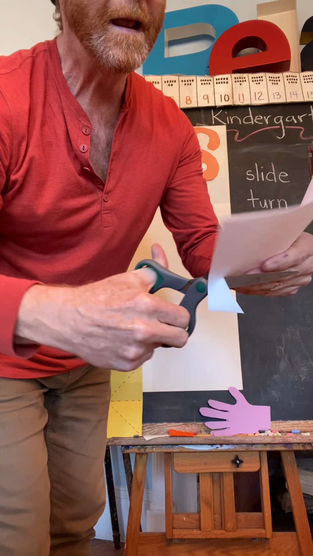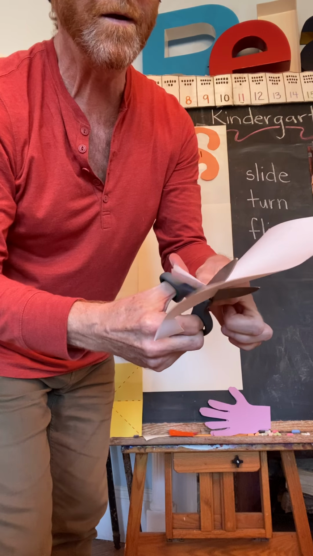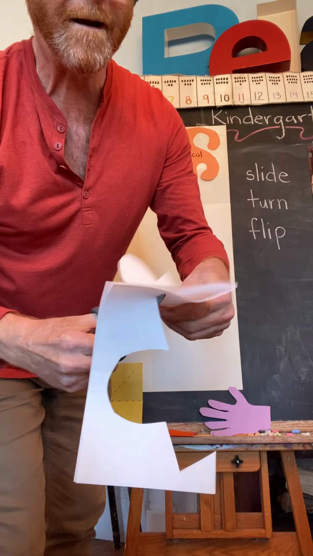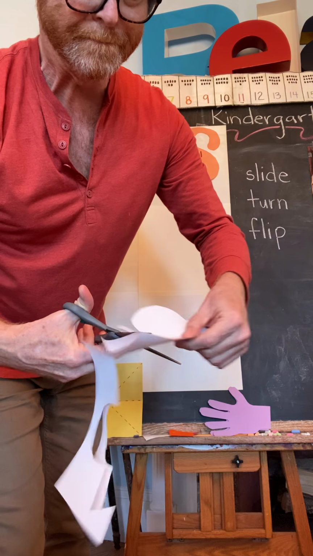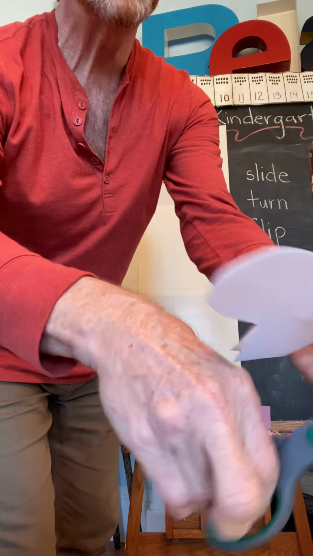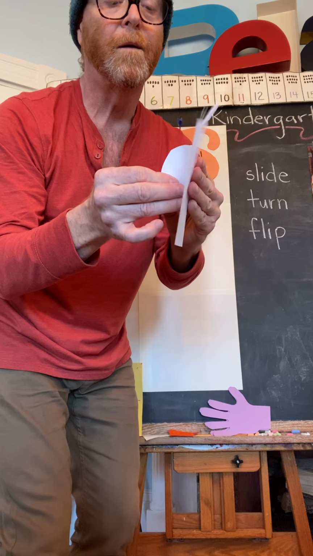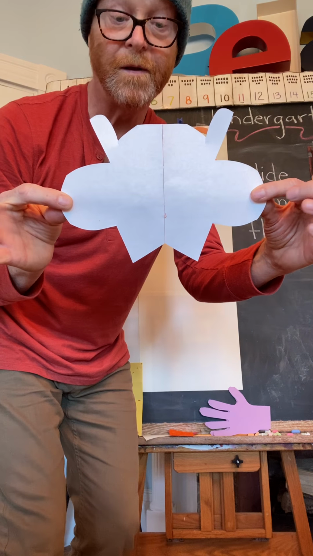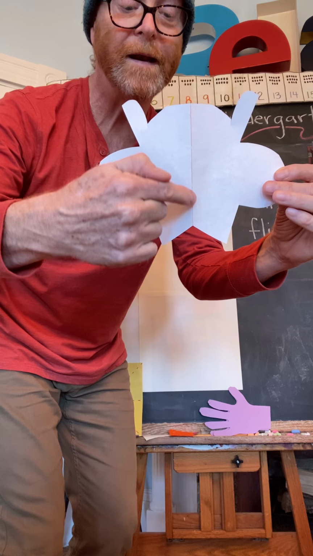Maybe I'll make it this shape here, that shape there. And let's see how my shape turned out. So it's symmetrical because it has one line of symmetry.